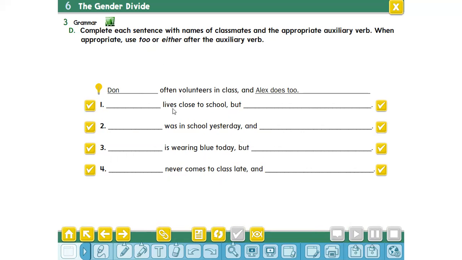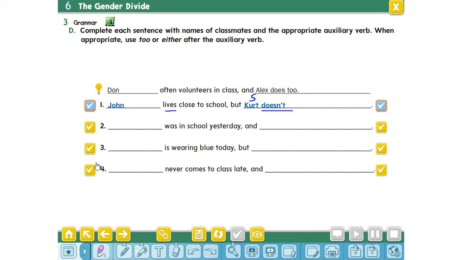Number 1, lives close to school, but we will choose any names, like John lives close to school, but Kurt doesn't. Okay, here we will use subject plus auxiliary verb. We will use doesn't because the main verb here is lives.